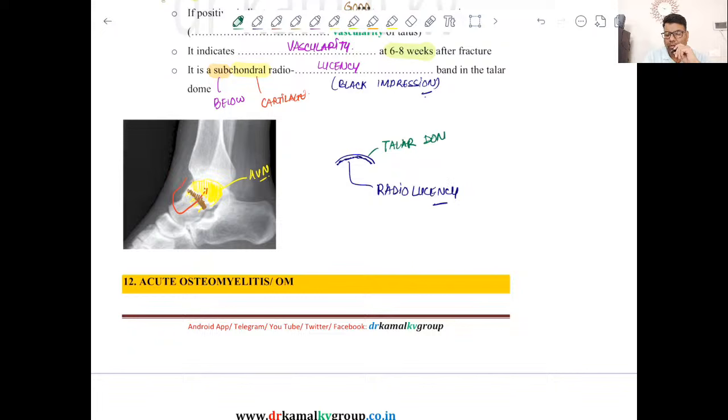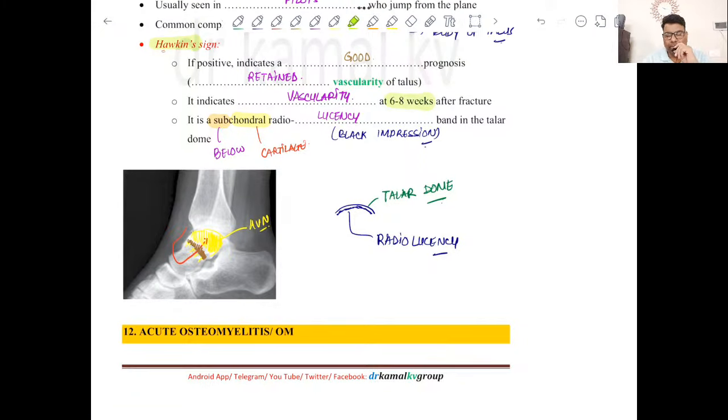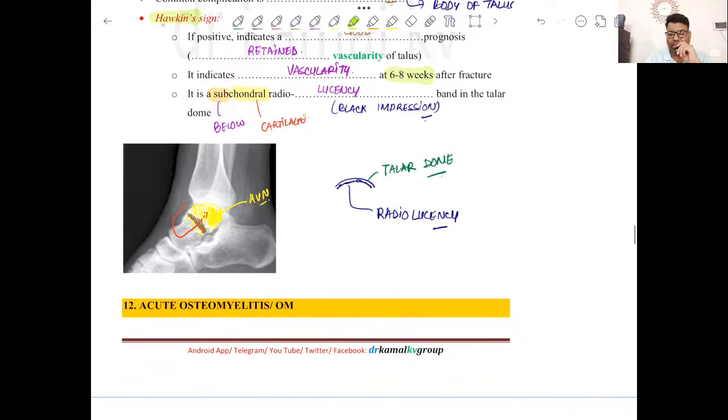If you can see a black line after 2 months of fracture of neck of talus, you can be very happy that the body of talus has not gone into AVN. So this is a radiological predictor of whether the fracture neck of talus has resulted in AVN of the body of talus or not. If it is positive, it's a good sign. And how do we say it is positive?